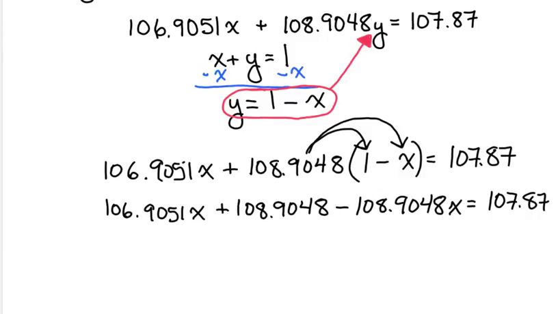From here on, all we're trying to do is isolate x. So we've got x over here and x over here, so they're both on the left-hand side of the equation. We're just going to keep those together and solve for it. So now, in order to isolate it, I am going to subtract 108.9048 from both sides.